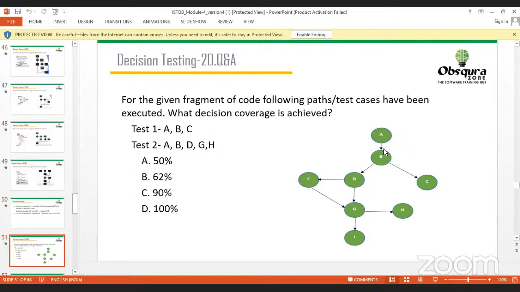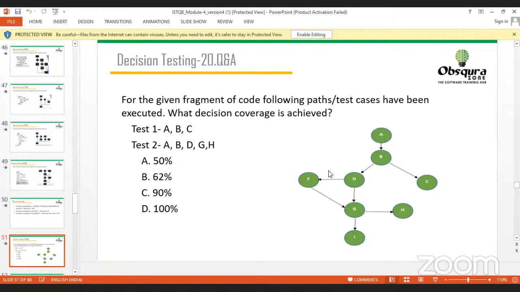So we have to consider this one arrow. Okay. B, C, this arrow. So the second arrow. Now the second test is again A, B. That is already covered in the first test, so we can reject that. Now B, D is another arrow, so we have to consider that. So B, D, 1.